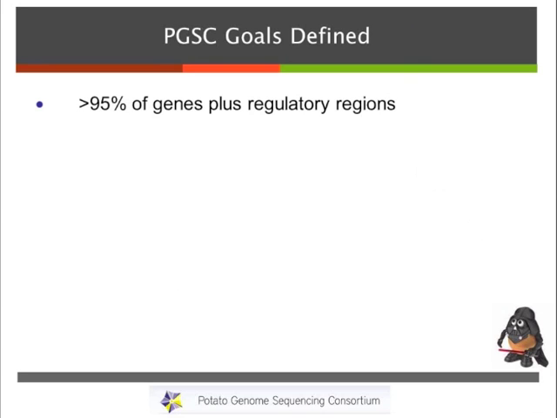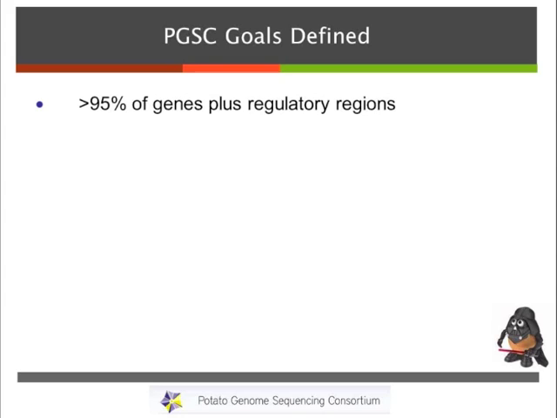So we set out to have some goals, and I'm just telling you this to just give you an idea. Obviously, this is a draft assembly, but I wanted to make sure you understood that there are missing genes, there are some assembly issues, and this is important that you just don't go and obtain the genome sequence and think it's 100% perfect.